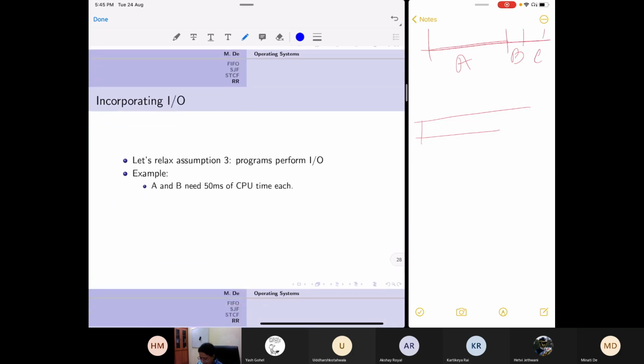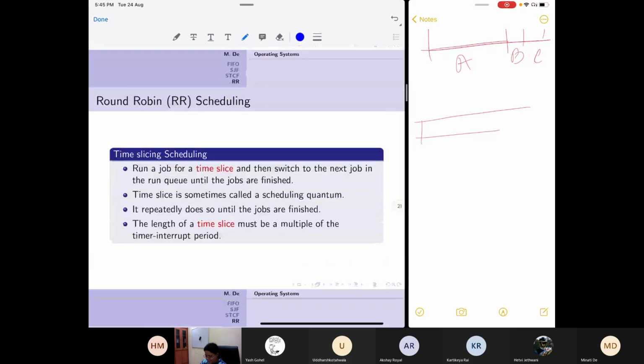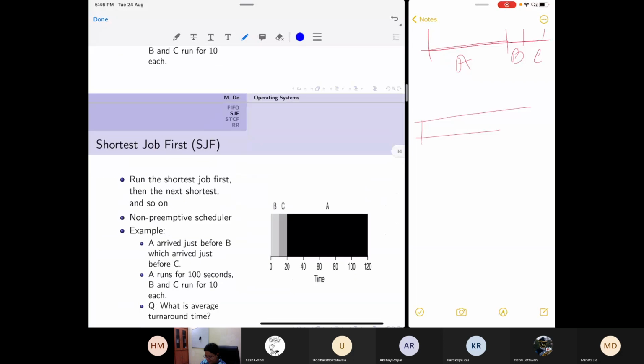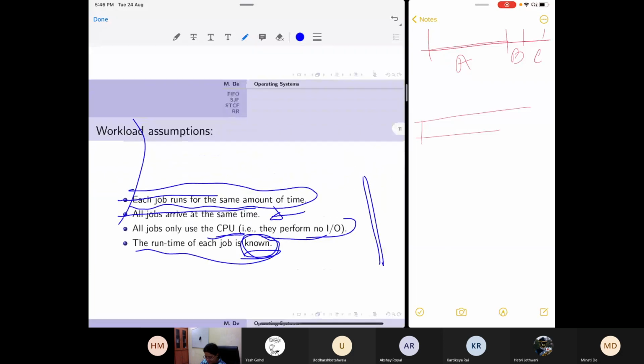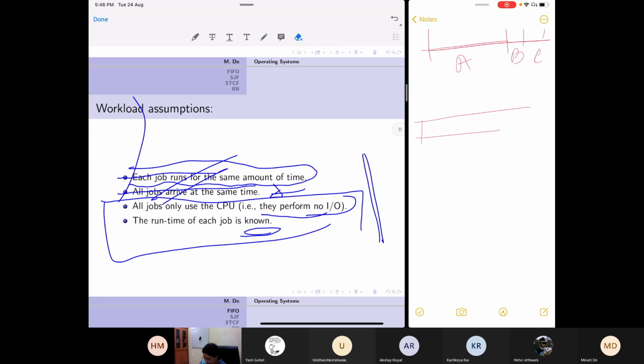Now let us see. So far we have lifted many of the assumptions which we started with. If you remember, all the unrealistic assumptions. So far we removed these 2 assumptions. But the most important assumptions we have are these 2, right?